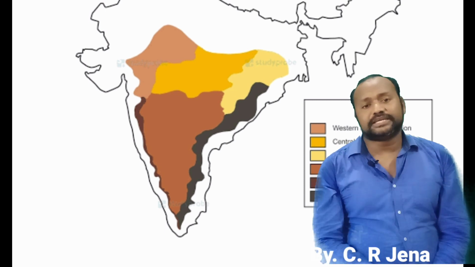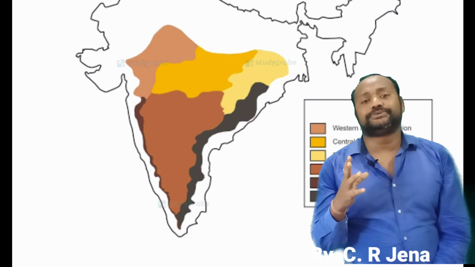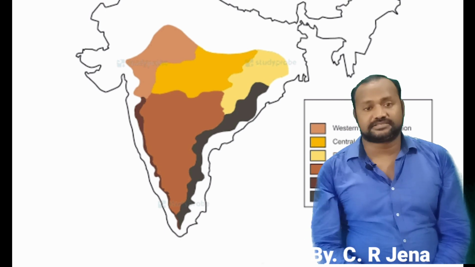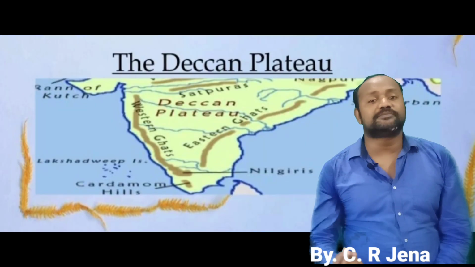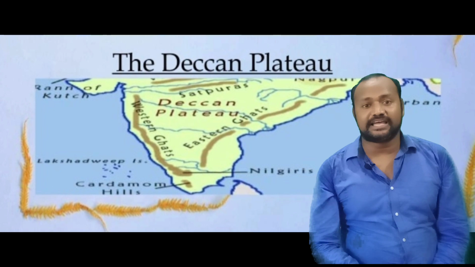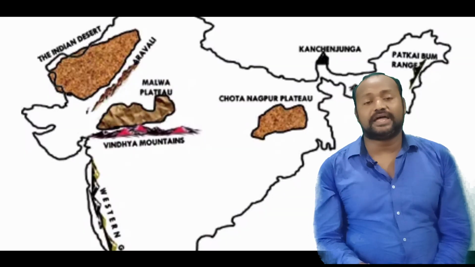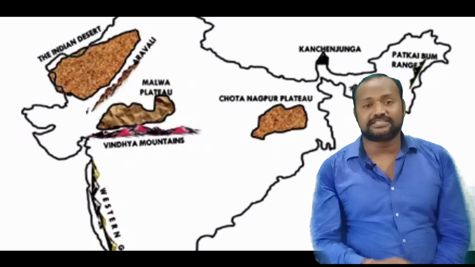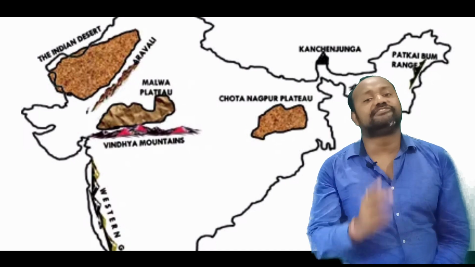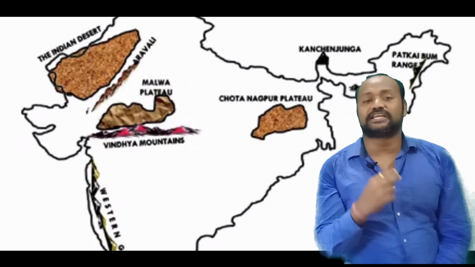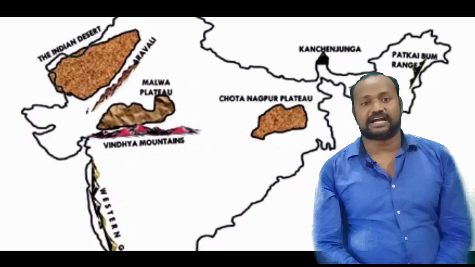Normally the Peninsula Plateau has two parts, the Central Highland and the Deccan Plateau. Today we are going to discuss the Central Highland, its location, the Deccan Plateau, its location, and the difference between the Western Ghat and Eastern Ghat.